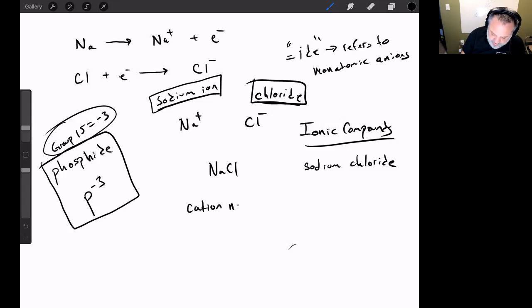You use the cation name without ion, because the word ion is included in all cation names, and you put that together with the anion name.